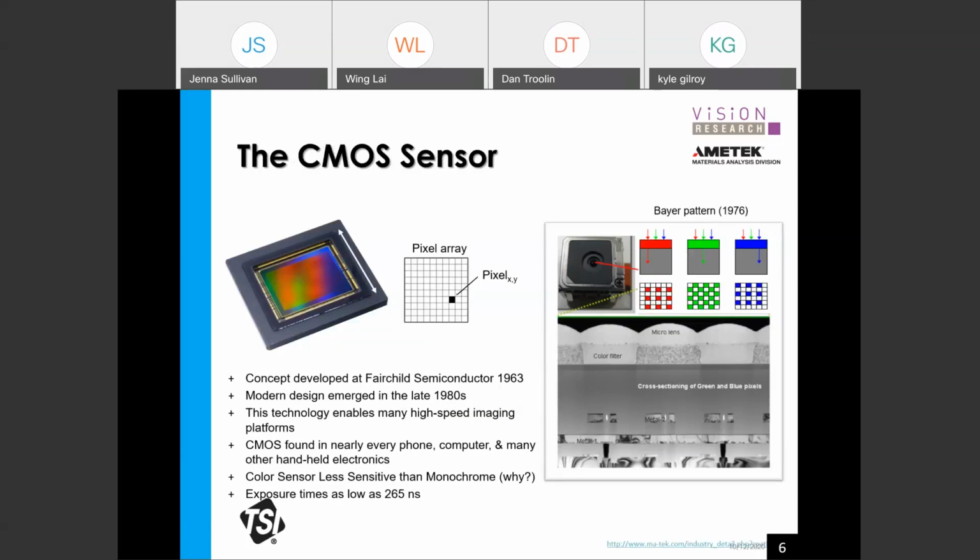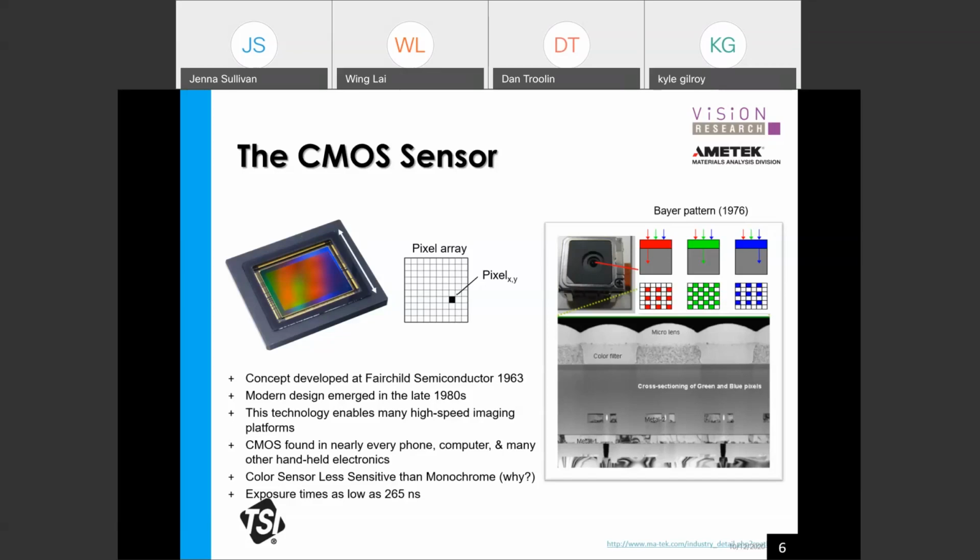And basically every imaging technology that you have around you today probably has a CMOS sensor in it, anywhere from your cell phone to your computer, and any other type of handheld electronic device that has an image capability. The reason for that is because the architecture is overcoming what some people know of as the CCD sensor, which I'll talk about in the next slide.